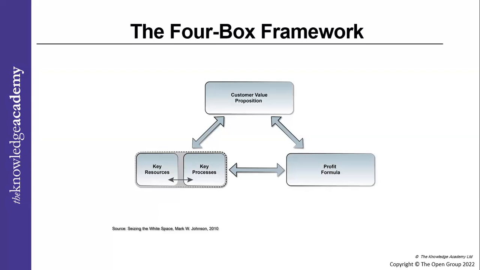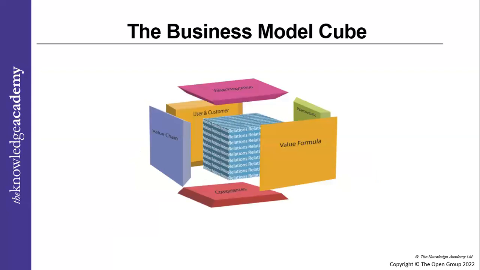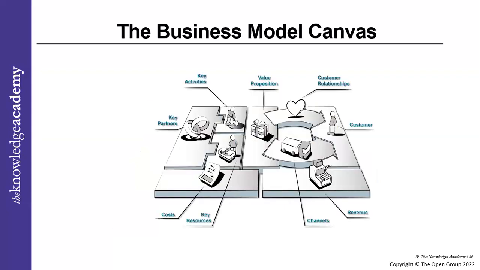For business. The third one is called the business model cube. It's a little more elaborate, and it speaks about 7 parameters. Now the next one is much more elaborate. It's called the business model canvas. That's what we were looking at some time back.